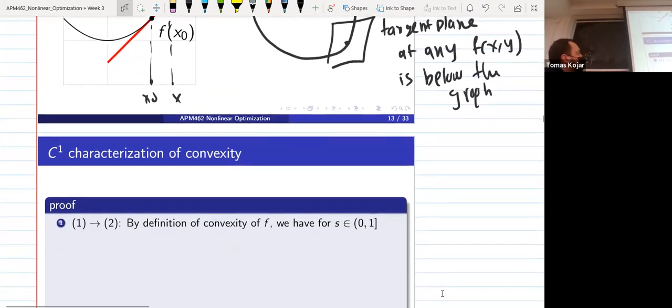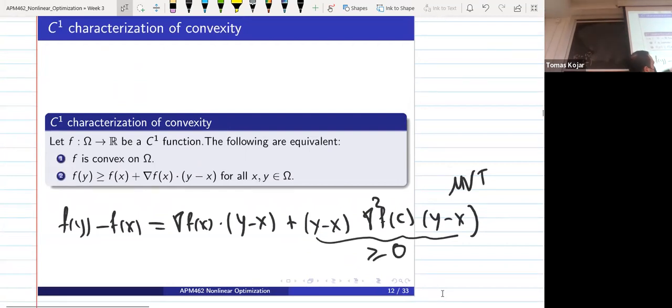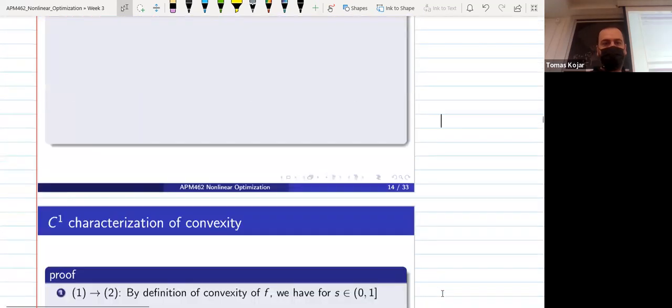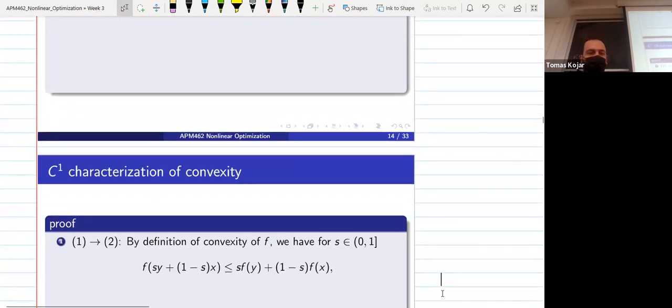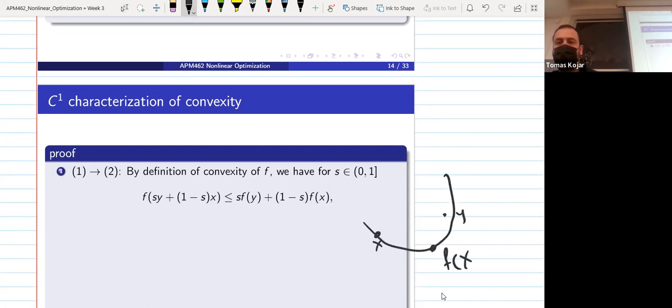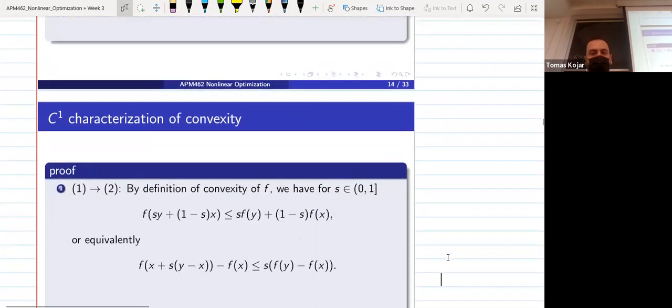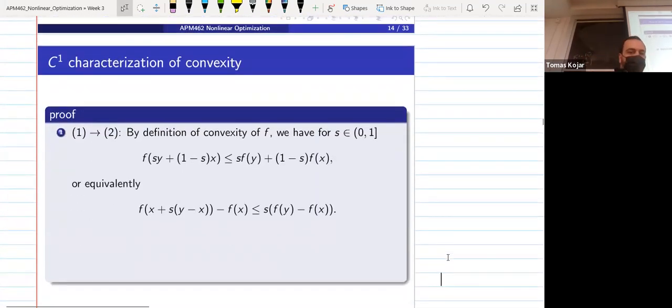All right. Let's prove what I just talked about, that convexity is the same as this inequality. By definition of convexity, you have this inequality over here for any two points x, y. So you're always below the graph. So this is f of x, f of y. And we rewrite this like this.